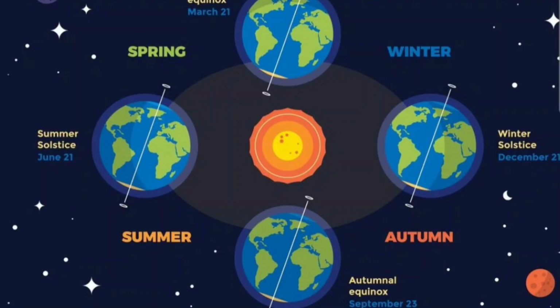Revolution refers to the object's orbital motion about another object. For example, Earth rotates on its own axis, producing about the 24-hour day. Earth revolves about the sun, producing the 365-day year, and a satellite revolves around a planet.